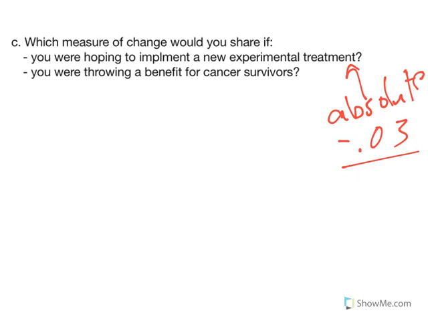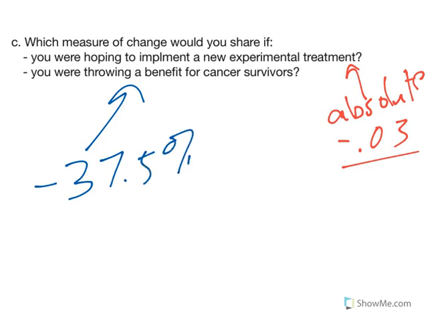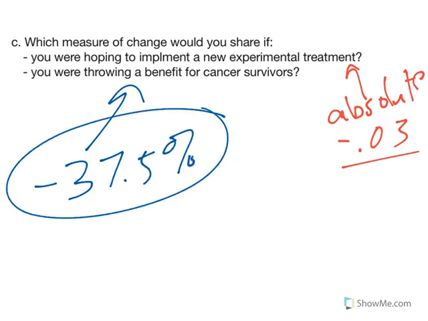That's a small change. You can say, in 35 years, we only had a 0.03 change. It looks so small that people are like, yeah, you're right, we need something new. Well, we know that's not necessarily true. If you're promoting a benefit for cancer survivors, then you would say it's decreased 37.5% in 35 years.